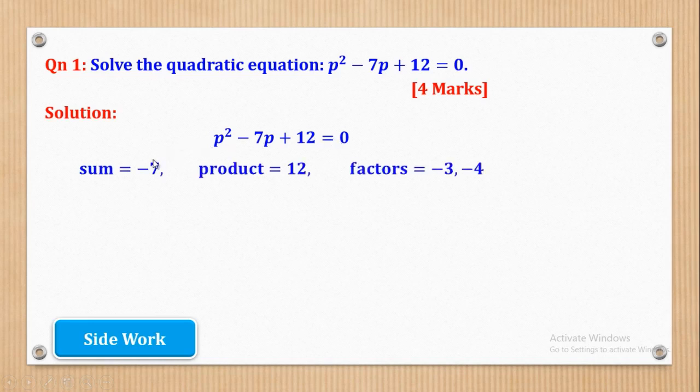Next you have to look for factors whose sum is -7 and product is 12. The -7 is the coefficient of p, and the 12 is the product of the coefficient of p squared, which is 1, and the constant. So 1 times 12 gives you 12, which is the product. So we have to look for factors such that their sum is -7 and their product is 12.